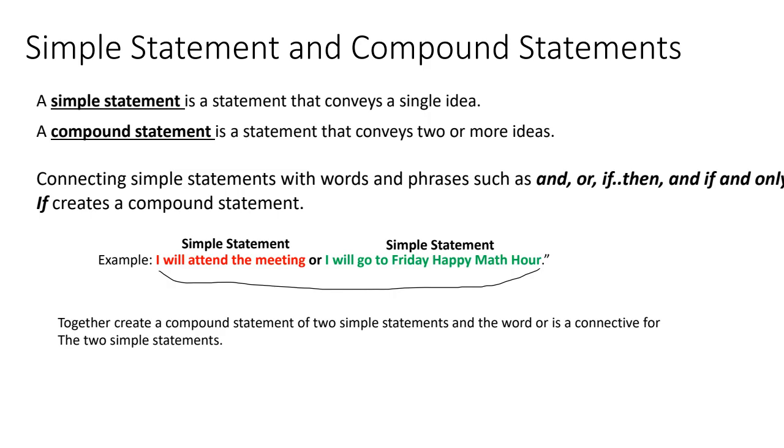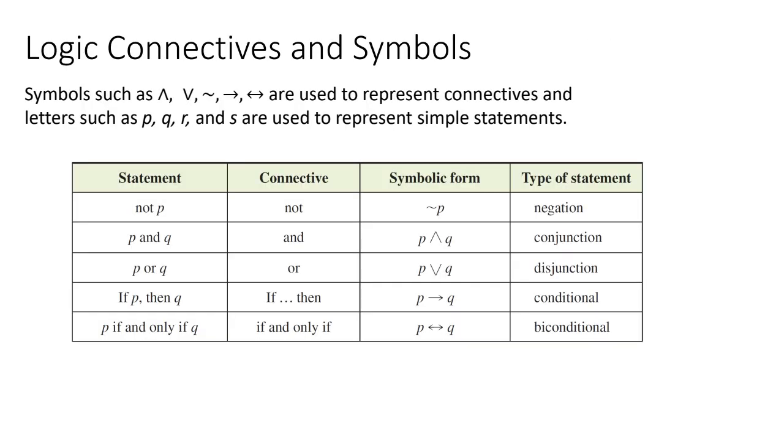Let me move on to the next slide. Now, in mathematics, all the time we're using symbols to shorten. It just makes it simpler to represent. So even for sentences, we also have symbols to represent these connectors. On the table, you can see that the first connective, we call it the negation.